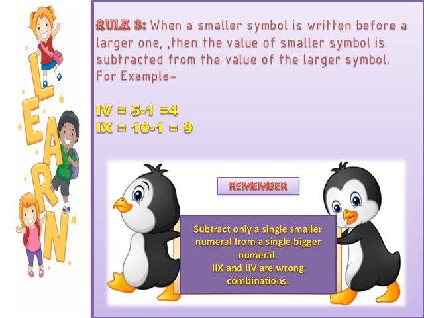But remember, only a single smaller numeral can be subtracted from a single bigger numeral. As you can see, IIX and IIV are wrong combinations because we cannot subtract two smaller symbols from a larger symbol.